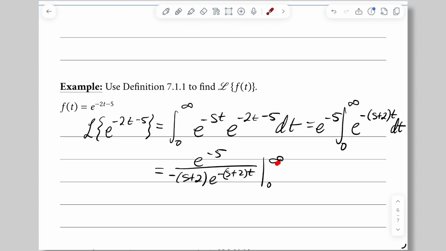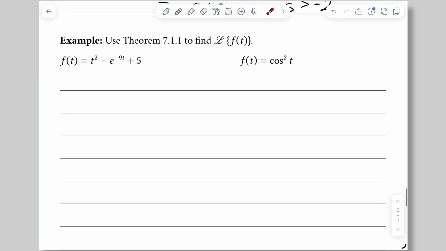Evaluating infinity in place of t is going to give us 0, and then evaluating 0 in place of t is going to give us a factor in the denominator of 1. Since we're subtracting that lower limit, we get e to the negative 5 over s plus 2. If we wanted to dot all our i's and cross all our t's, we might note that s has to be greater than negative 2, but again, for our work, we're not really going to care what s is.